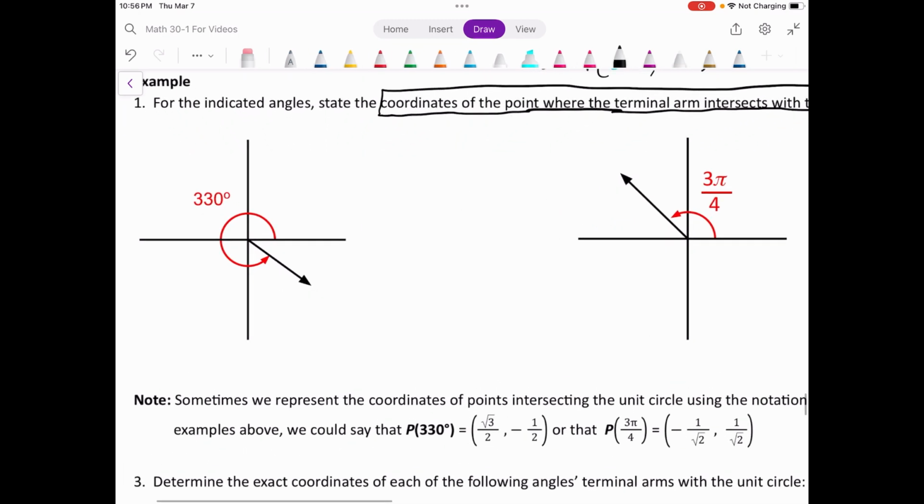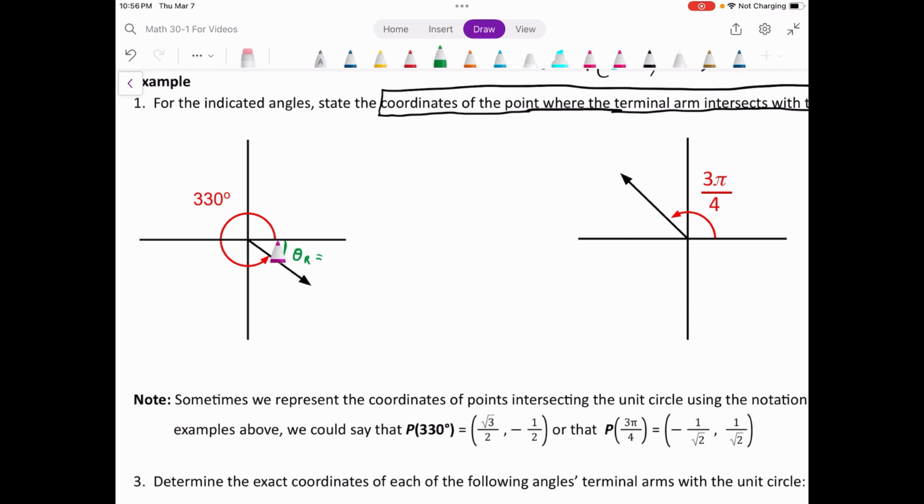So let's go to work here. Let's see if our unit circle can help us out. Okay, so a 330 degree angle. First things first, let's get a reference angle, so that we can think about the reference triangle and actually start getting some trigonometric ratios with that reference triangle. So what is my reference angle here? Well, I didn't do a full 360.